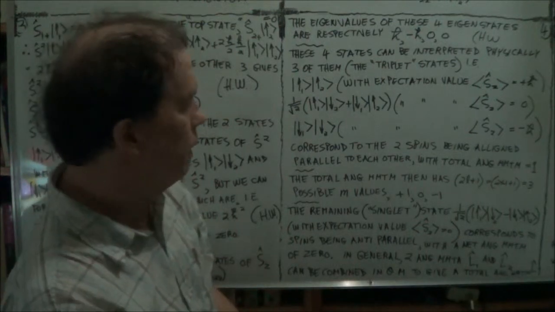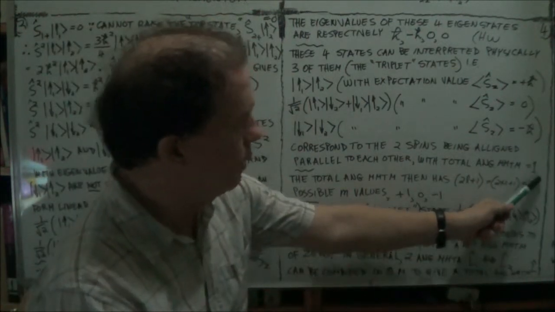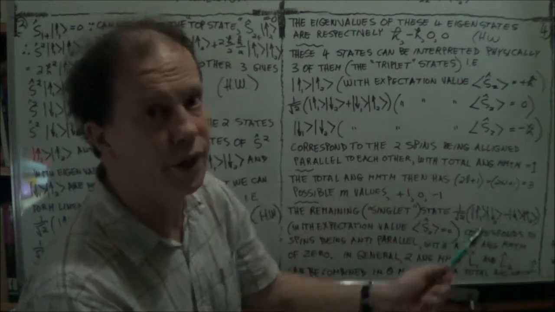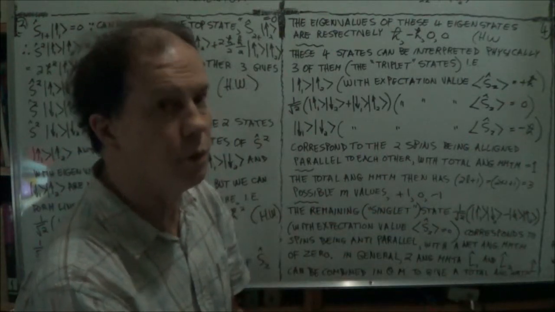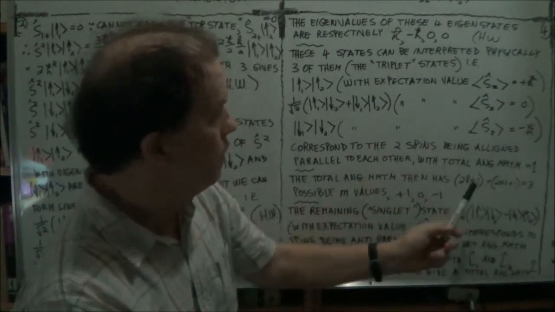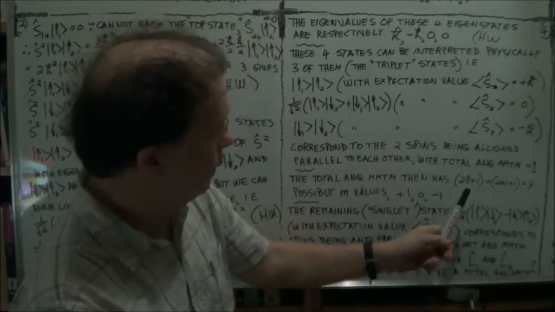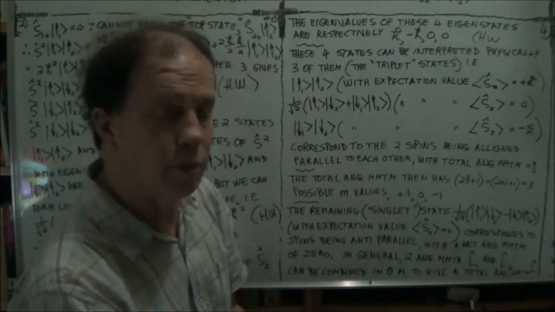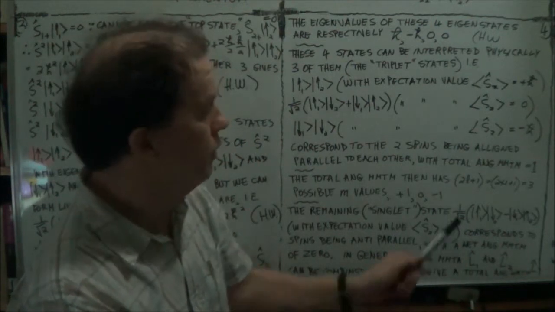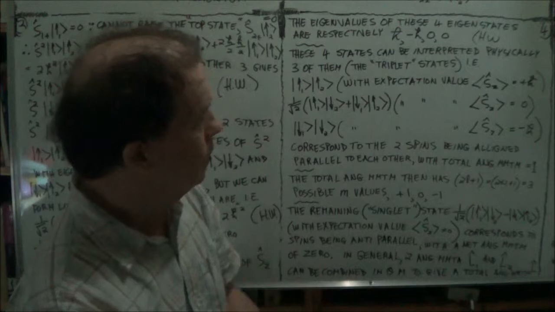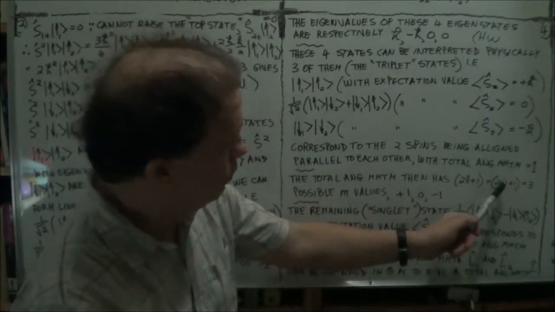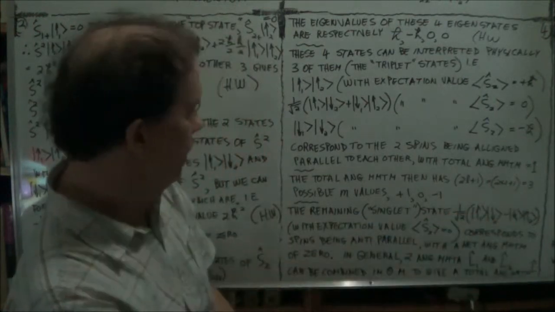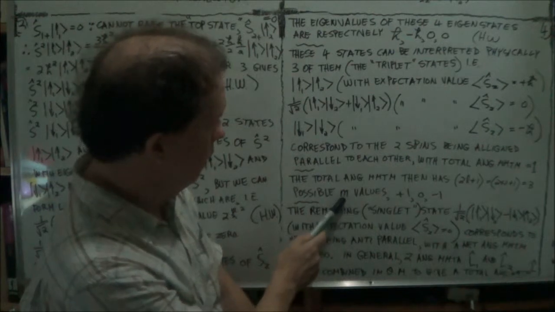Now L is the total, L1 plus L2. For the total system, the number of components along the z-axis will be 2L plus 1. We've done that before, it's just revision. If L is 1, you get 2 times 1 plus 1, that's 3, so you'll have 3 m values.